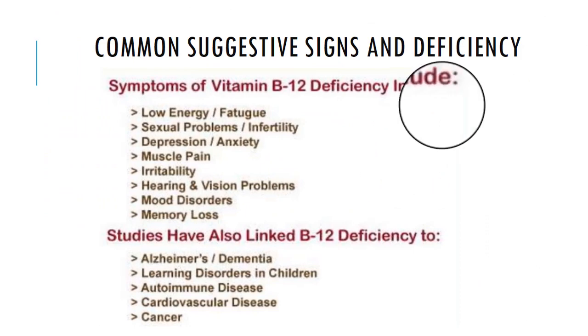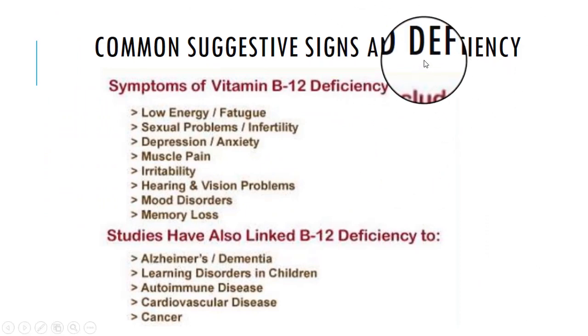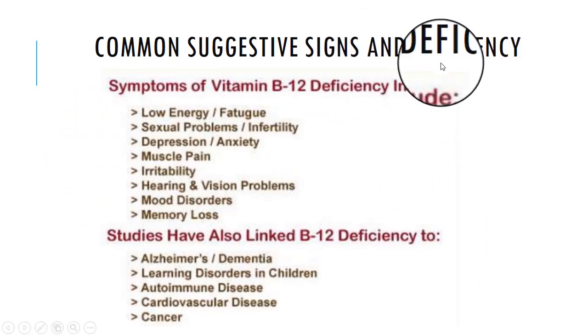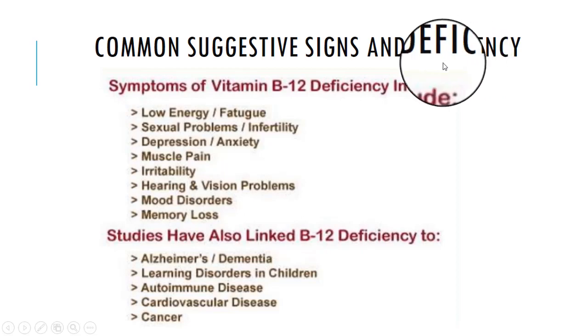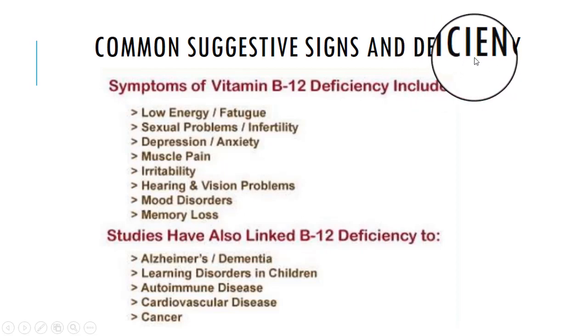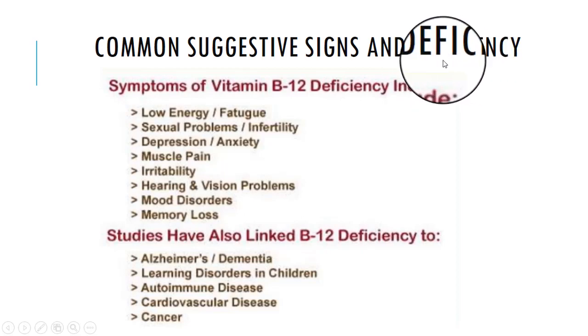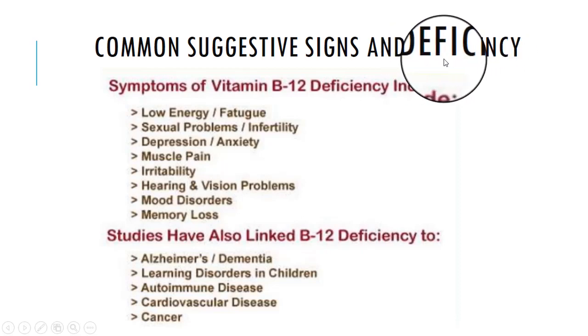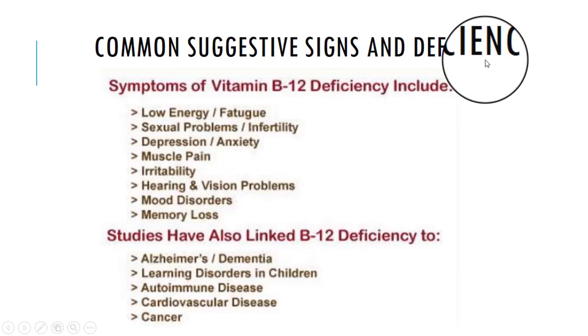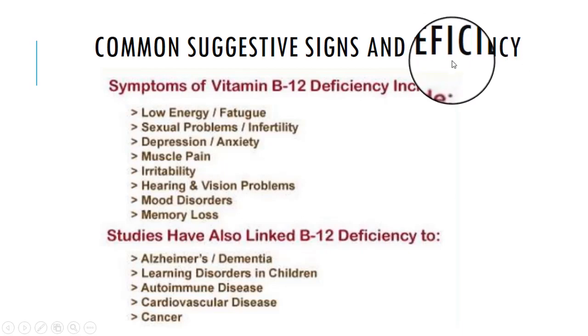Now next we will discuss the various deficiencies of vitamin B12. So here we will discuss the deficiencies which will be produced if you have a very low intake of this particular vitamin, that is vitamin B12.